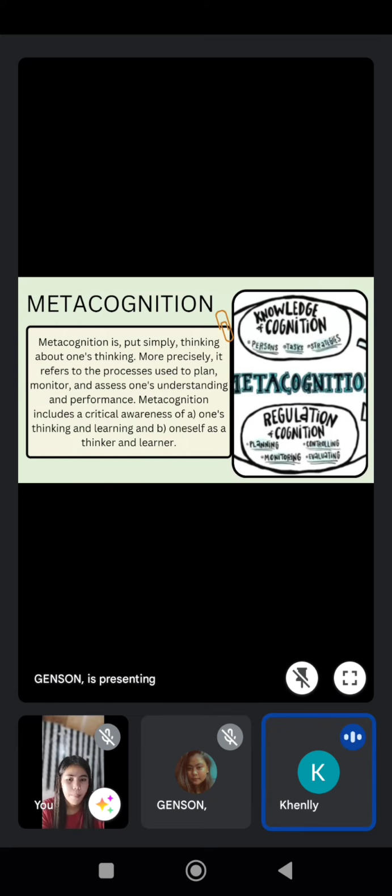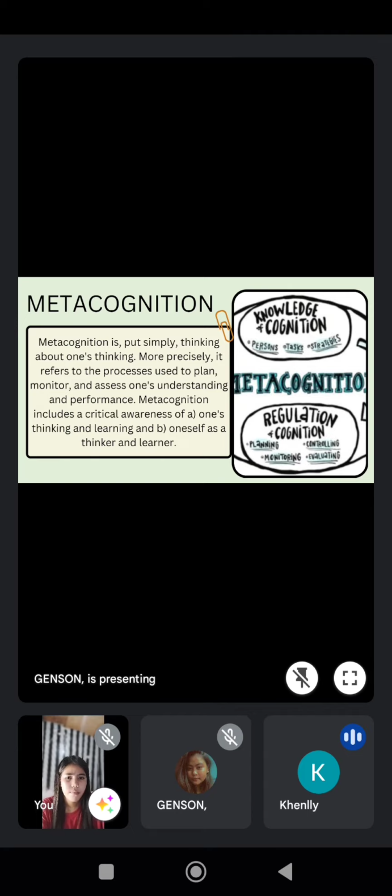Metacognition. Metacognition is, put simply, thinking about one's thinking. More precisely, it refers to the process used to plan, monitor, and assess one's understanding and performance. Metacognition includes a critical awareness of one's thinking and learning, of oneself as a thinker, and of what one does and doesn't know about their cognitive processes, referred to as having a knowledge gap, as well as their strengths and shortcomings.